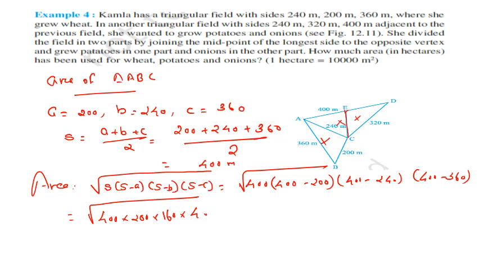So its square root is 16,000 root 2 meter square.